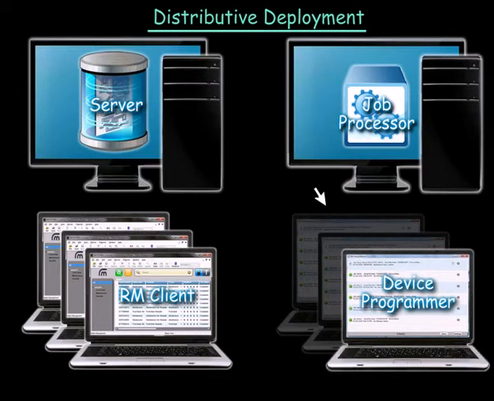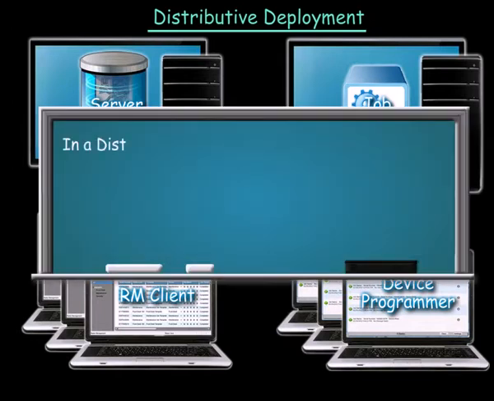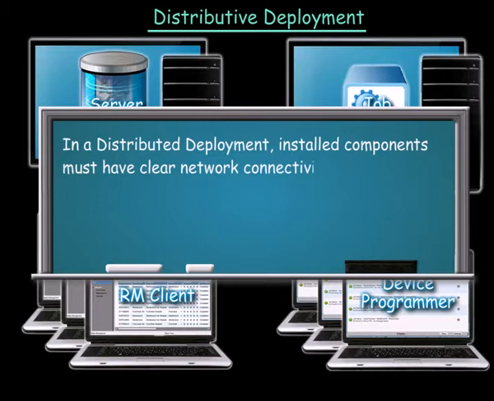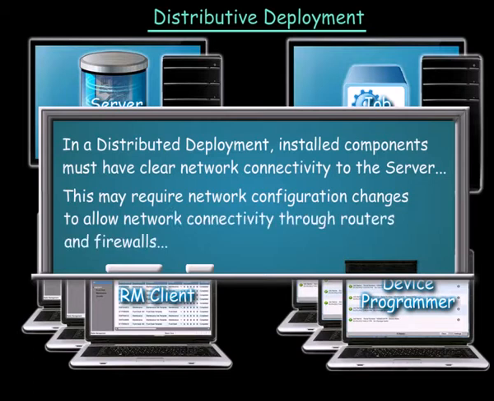And the RM allows for multiple device programmers, enabling programming from different locations, convenient to the physical location of your radios. Note that in a distributed deployment, installed components must have clear network connectivity to the server. This may require network configuration changes to allow network connectivity through routers and firewalls.